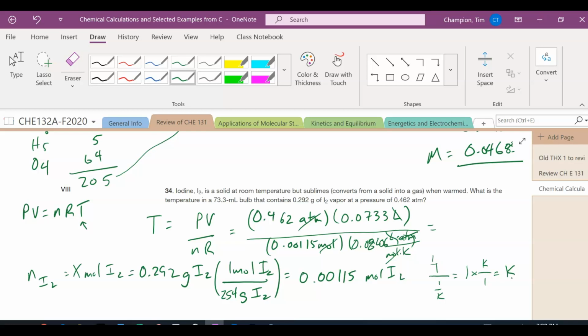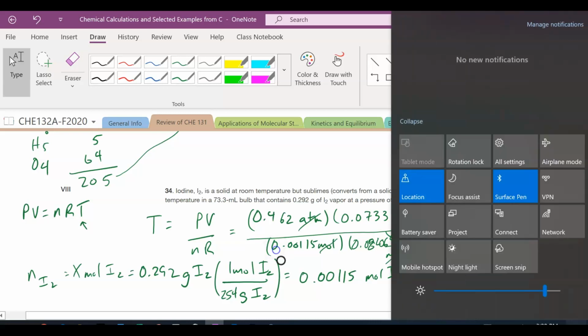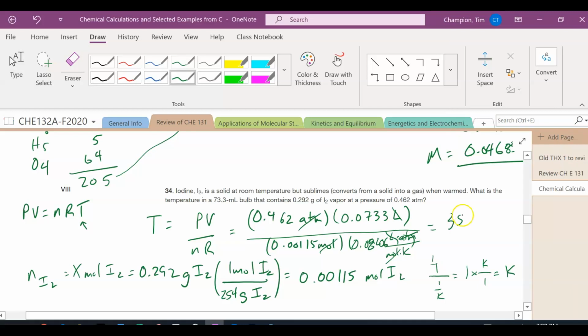And I've got that in a parenthesis, so I can just multiply the other bottom term, 0.08206, close the paren, and I get 359 Kelvin.